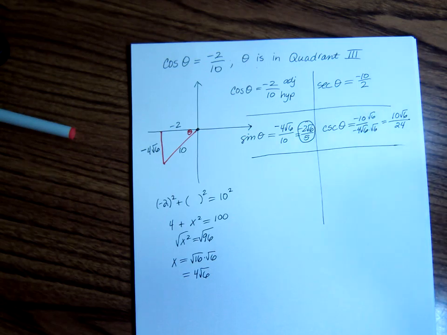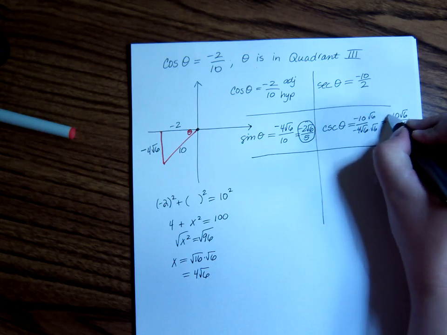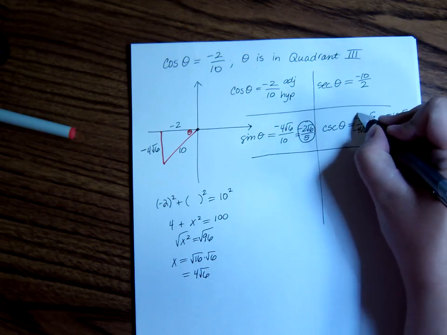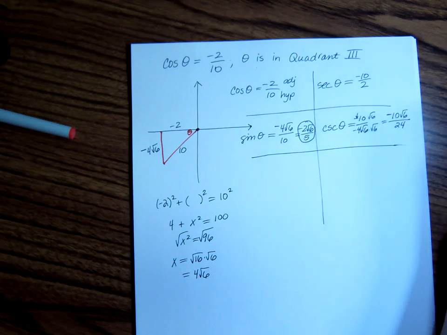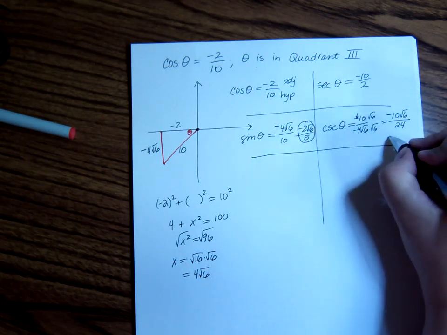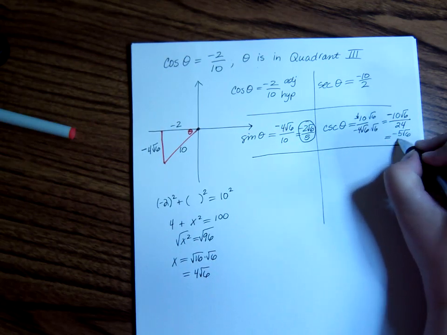Notice I went ahead and dropped the negatives because it was a negative on both top and bottom there. Which actually, no, it shouldn't have been. I'm not sure why it was a negative on both top and bottom. So it still needs a negative. It had a negative on the bottom. It did not have a negative on the top. That's wrong. So pretend that's not there. So this gives me -5√6 all over 12.